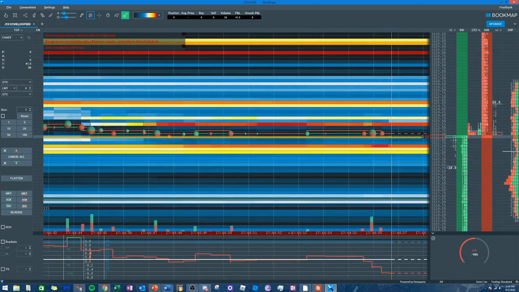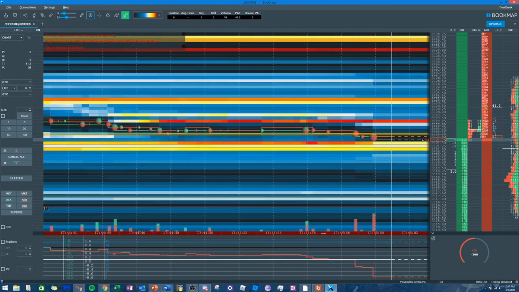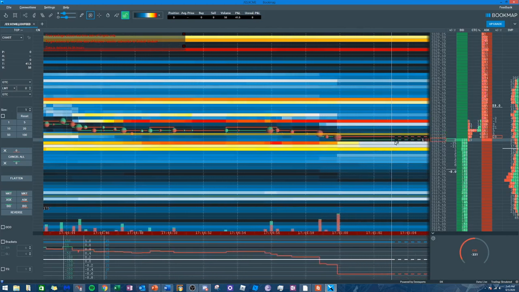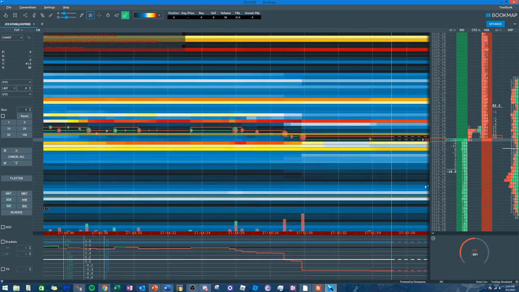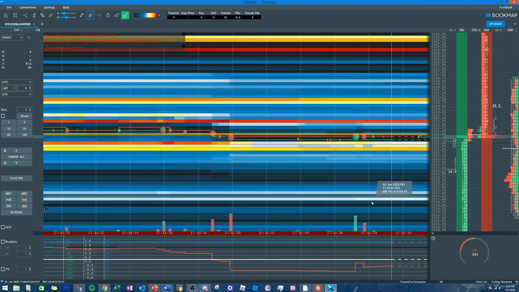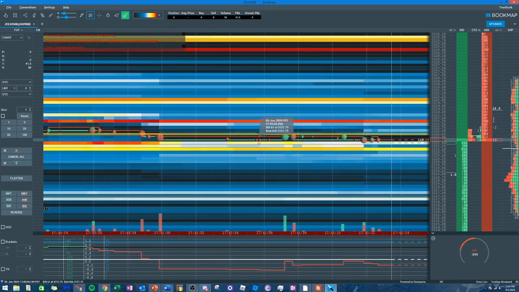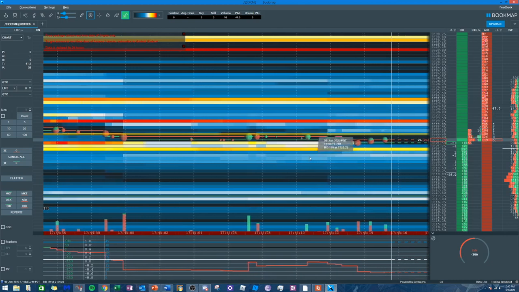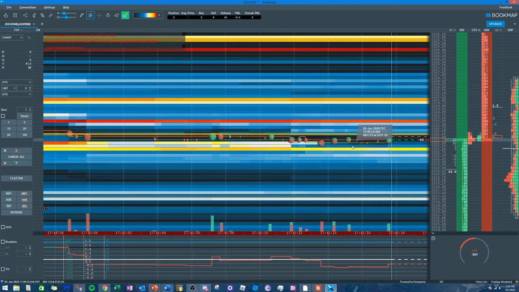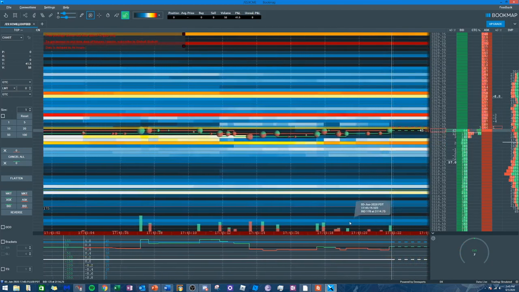Let's see. I want to see at this level right here where the support is. So, yeah, like these little guys. Normally it'll be even higher succession than that, but you'll get a whole bunch of these little tiny dots just going off rapid fire, basically, and those are iceberg orders.